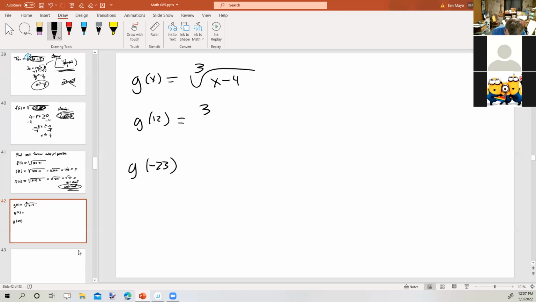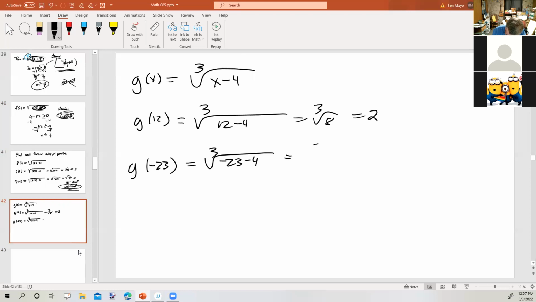So g of 12 would be the cube root of 12 minus 4, which is the cube root of 8, which is 2. G of -23 would be the cube root of -23 minus 4, which is the cube root of -27, which is -3. Now remember, you can take an odd root of a negative number. It's the even root you got to watch out for.